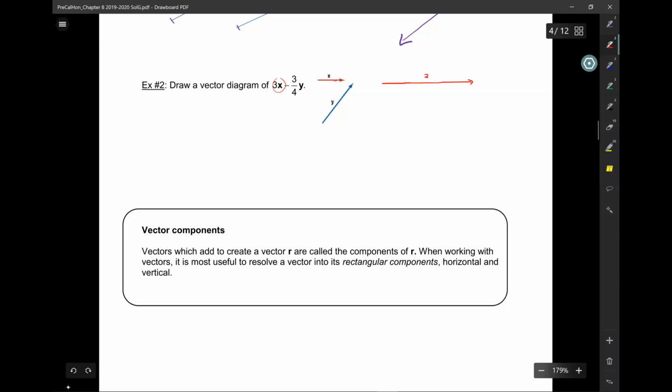So that's 3x. Then I need 3/4 of y in the negative direction. So if y is that big, 3/4 of y is about that size, right? But what about negative 3/4 of y? It goes in the opposite direction here.